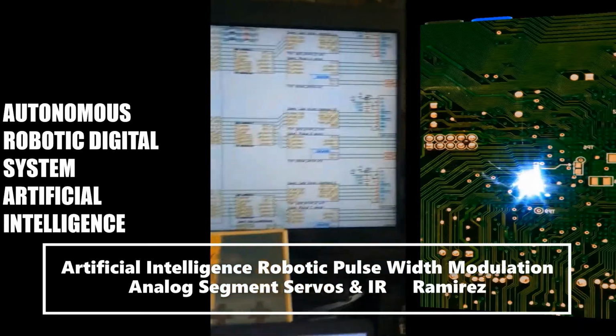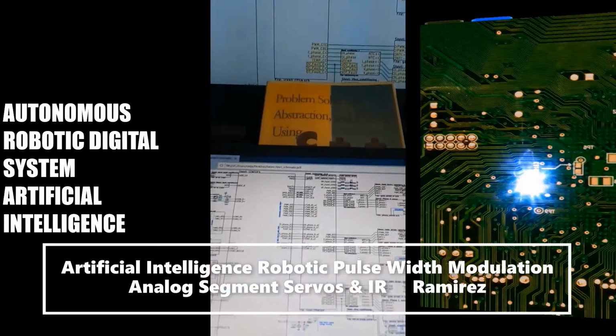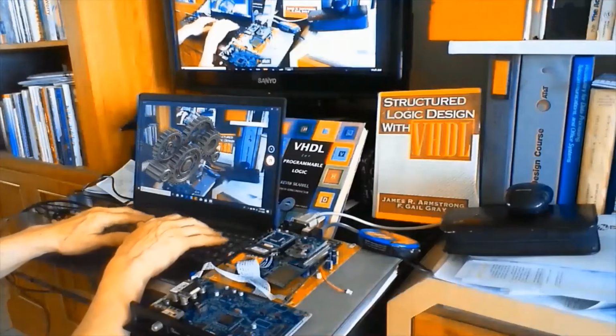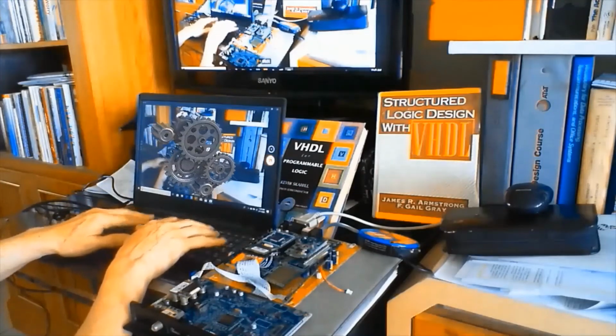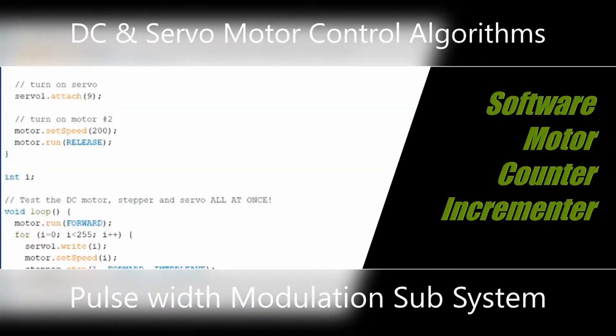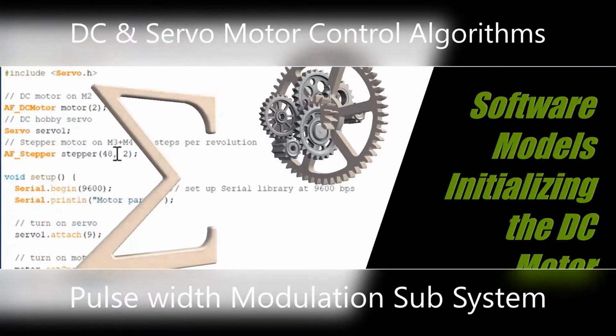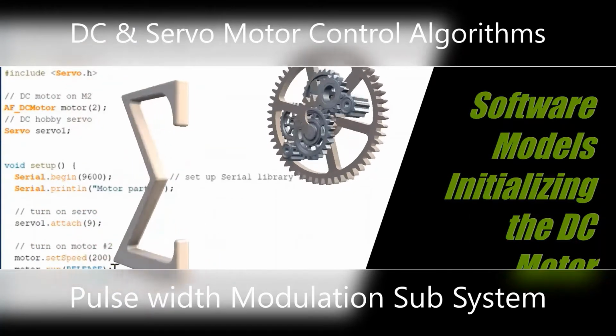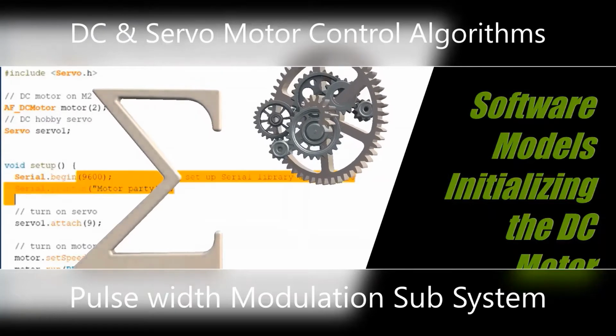The run function controls the motor state. The parameter can have one of 3 values: forward, which is rotate in a forward direction; backward, which rotates in a reverse direction; and release, which stops rotation.